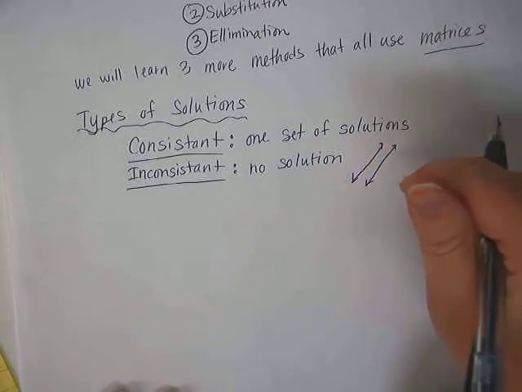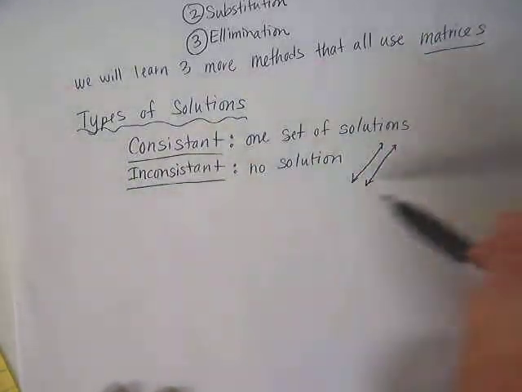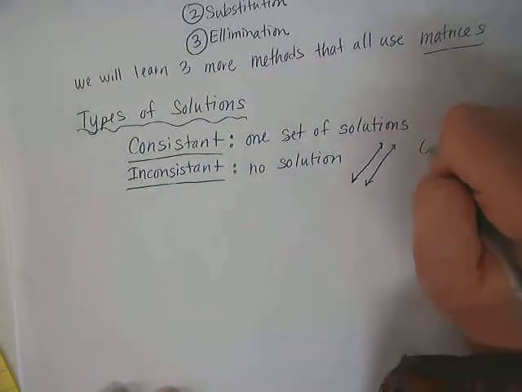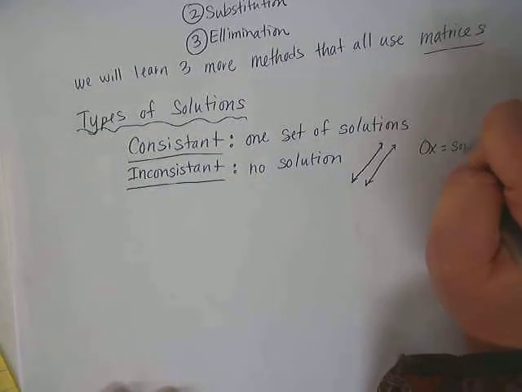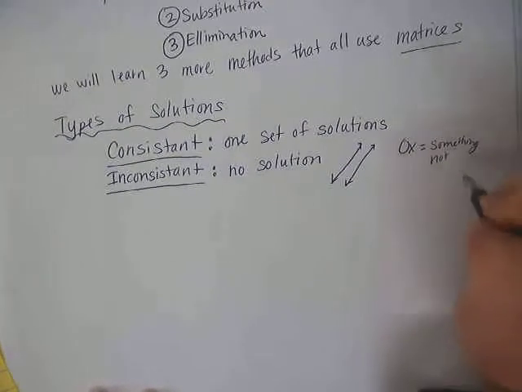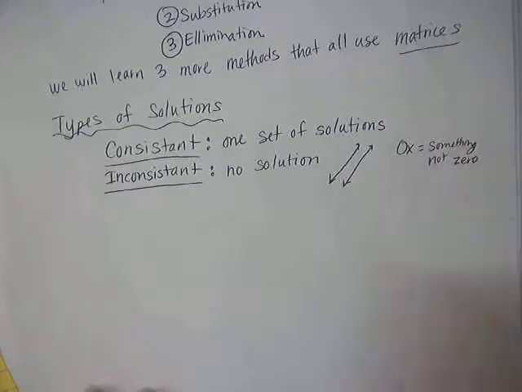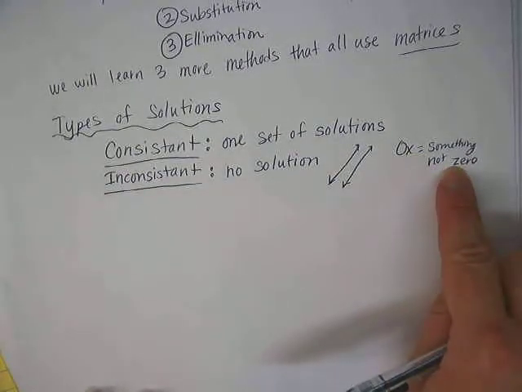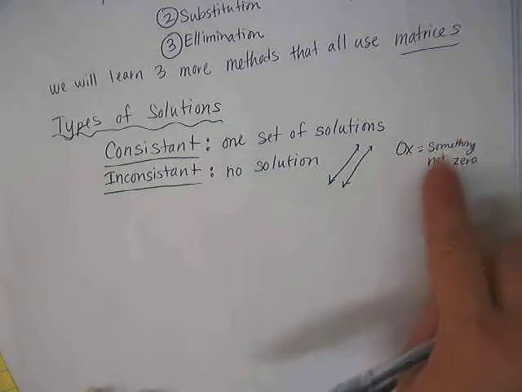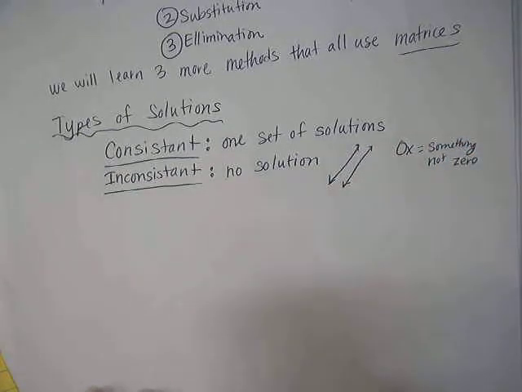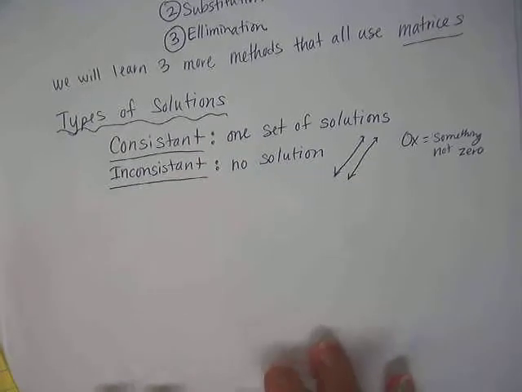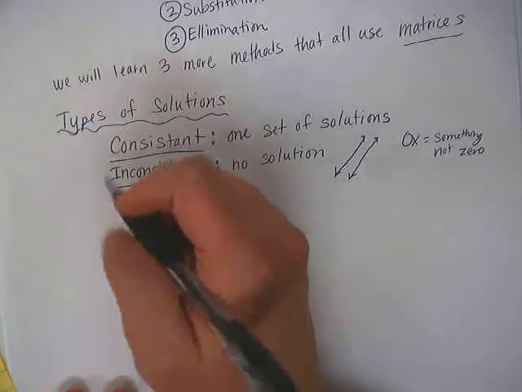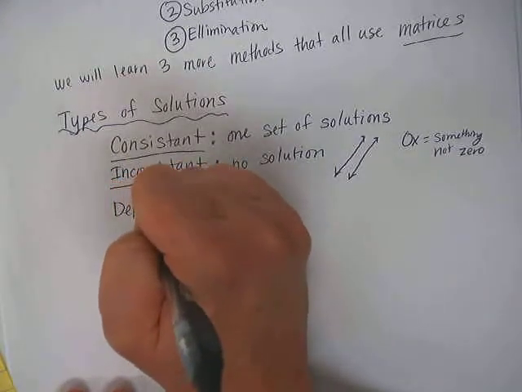When that happens, when you solve using substitution or elimination, the way that you're able to tell there's no solution is you might get something like 0x equals something that's not 0. And is that possible for 0x to equal something that's not 0? No, because 0 times x will always equal 0. So if you get 0x equals something that's not 0, it's just not possible for that to even happen. So that's how you know that it's no solution.